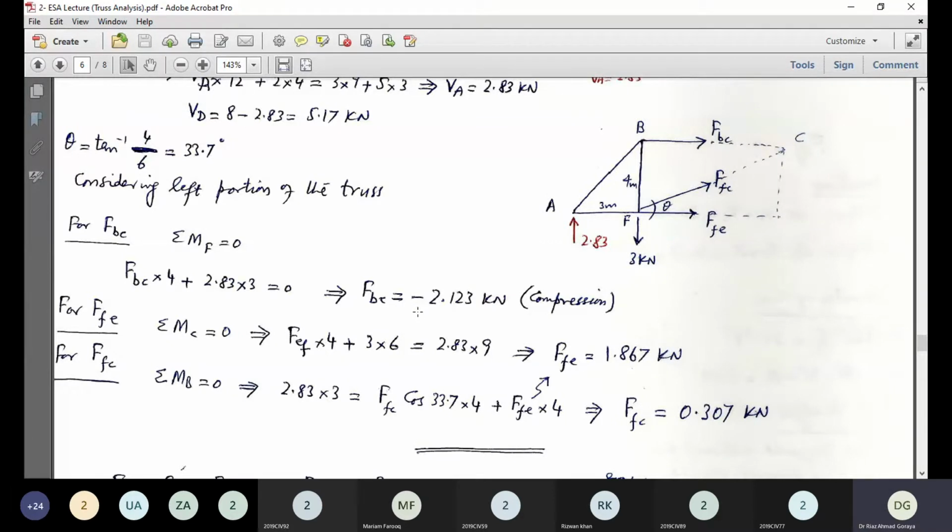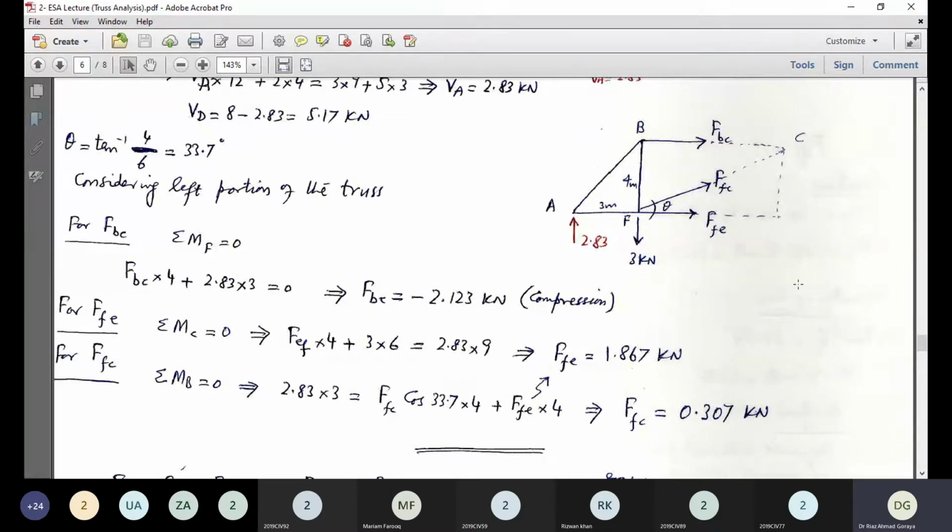That is why I have told earlier that selecting the appropriate moment center can facilitate a lot in calculation work. So simply a single line.